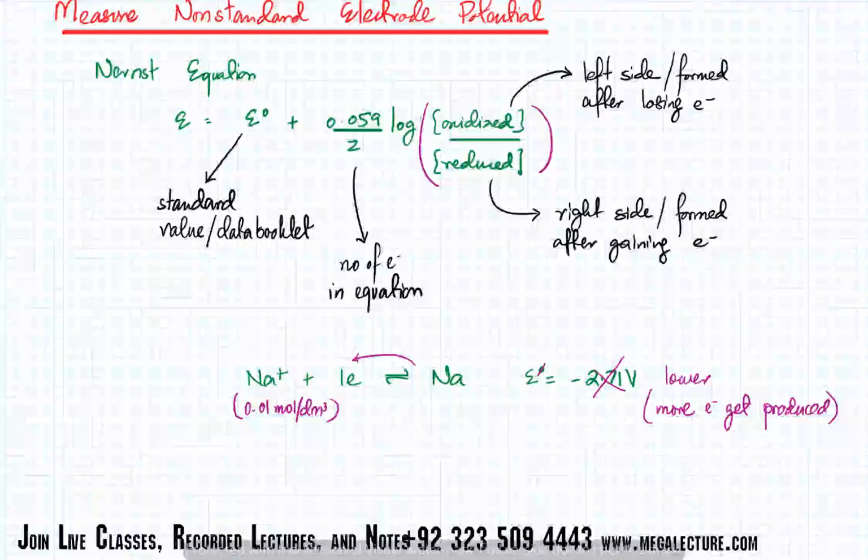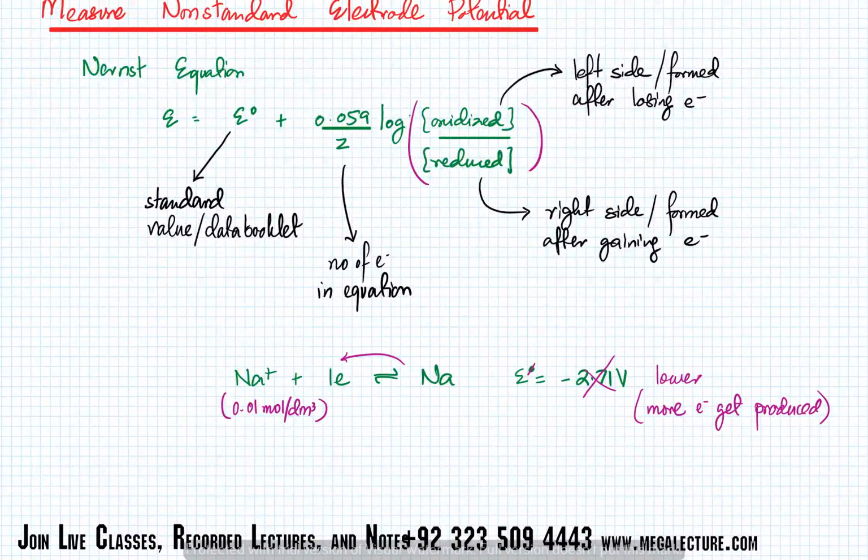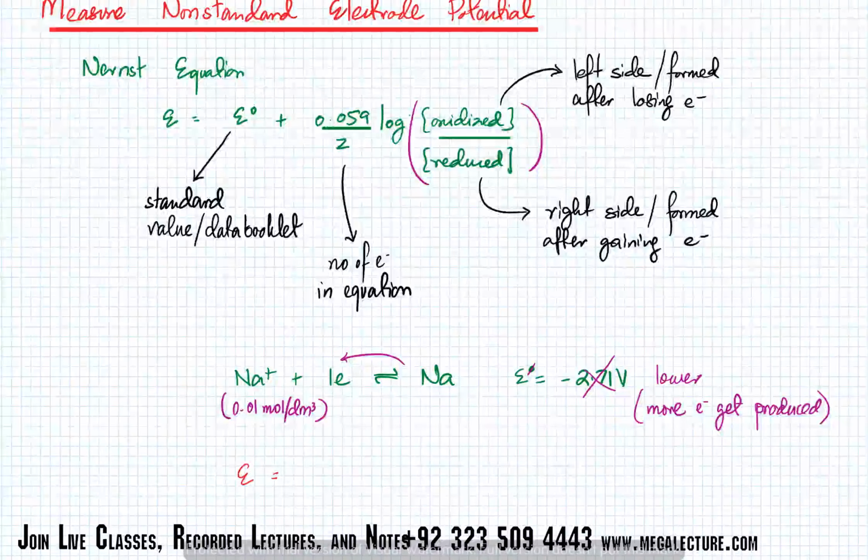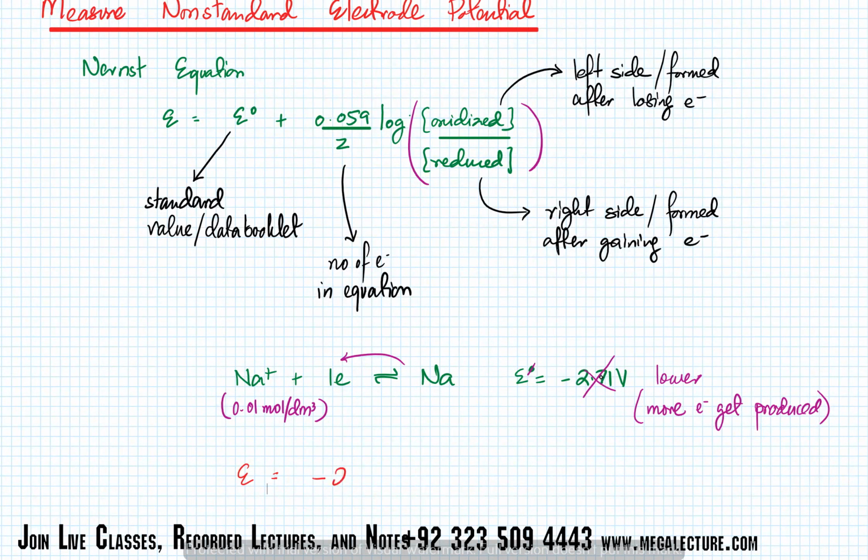Now we're going to try and exactly measure what that value is. How can we do that? We're going to use the Nernst equation. E is equal to E naught, the old one, which is minus 2.71, plus 0.059 divided by Z, which was the number of electrons in the equation, in this case 1.